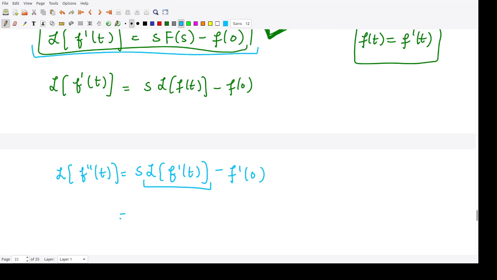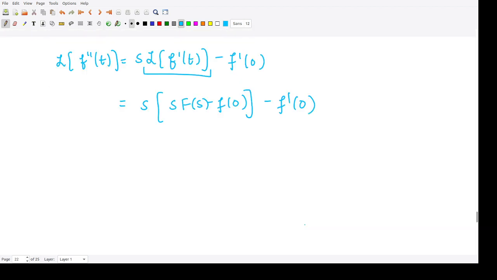So let me substitute it here: s multiplied by s into F of s minus f of 0, minus f dash 0. Now you can open up this bracket. It would be s square F of s minus s into f of 0 minus f dash of 0. So this is the Laplace transform of f double dash t, which is what we were trying to prove.